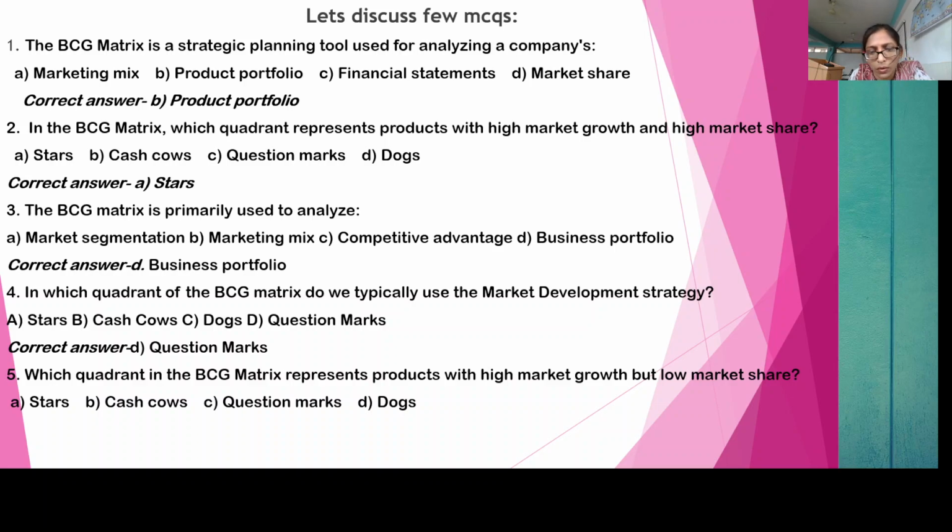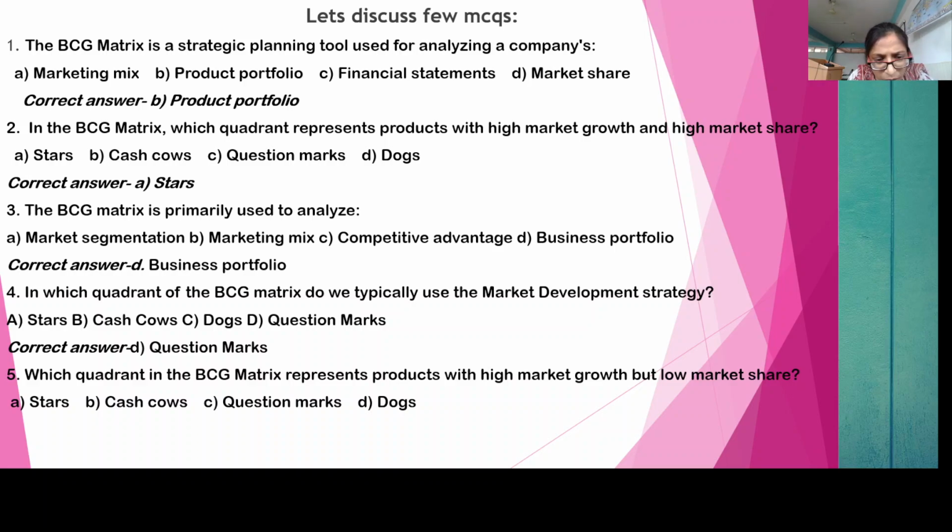Though you have low market share, you still have high potential in future, so you need to invest. That's why it will be in question marks.